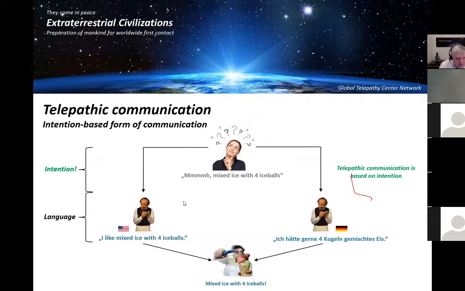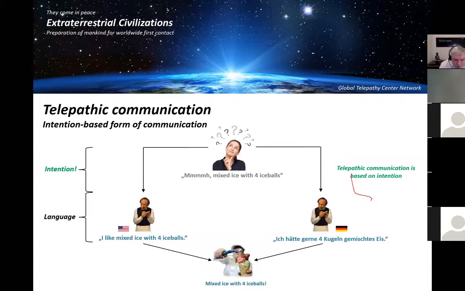What happened is the following. She has one intention, I would like to have 4 ice balls. Then she decides to order in 2 different languages, but the result is the same. That means, as indicated here, that the intention is the same independent of the language, right?